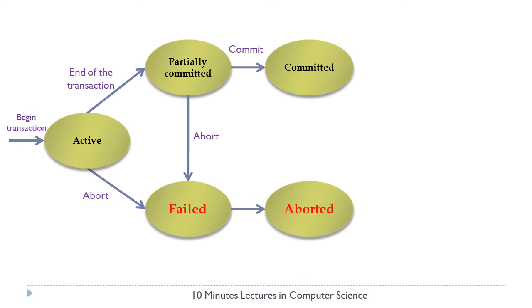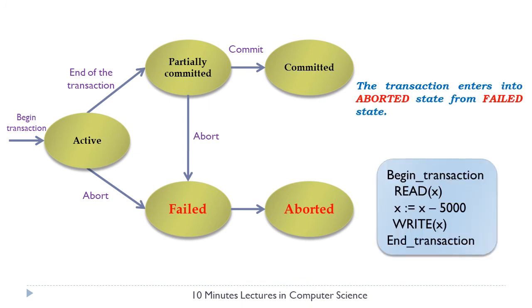That means they are going to be rolled back to the old consistent state. For instance, if this transaction is not able to complete successfully, in that case, the old value of X will be written back to the hard disk. That is, value 10,000 will be retained by the hard disk. So any changes made to the data item during this intermediate stage will be reverted back to the original value of X.